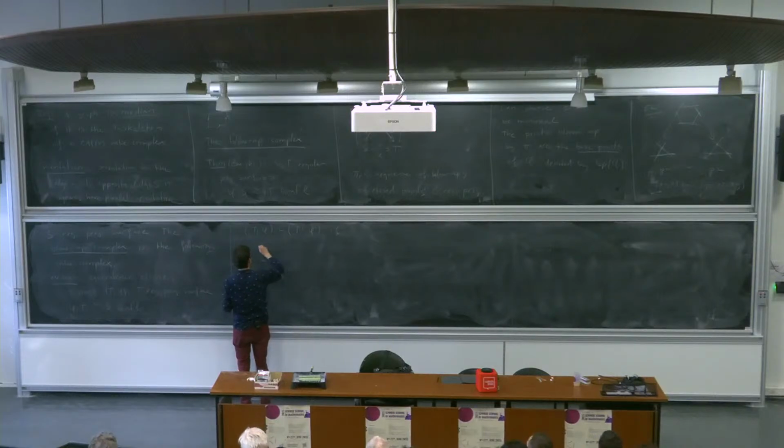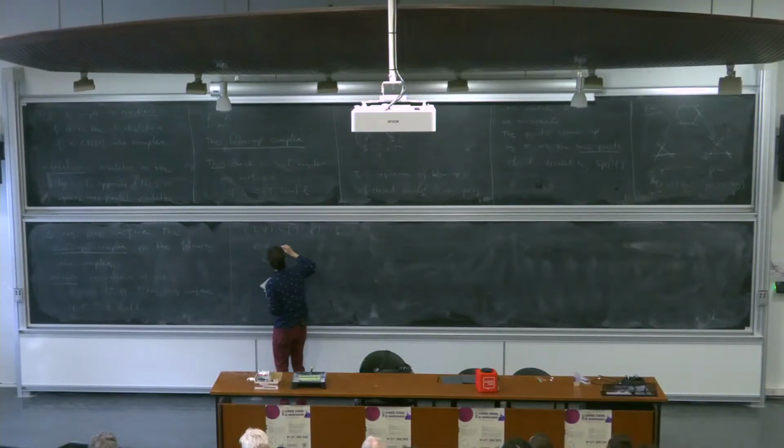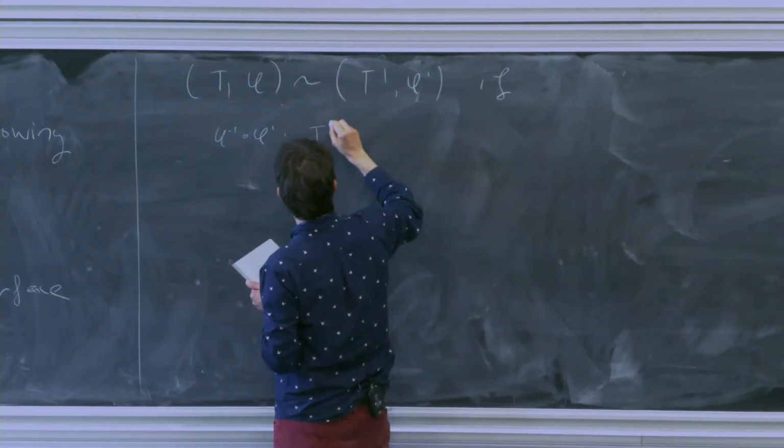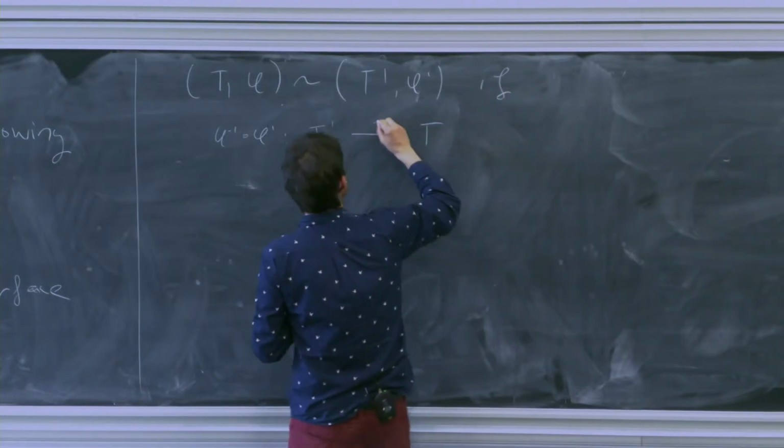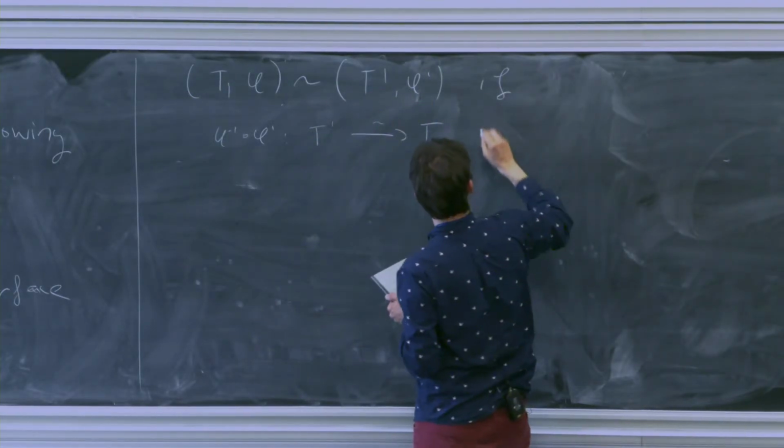If we take phi prime and then phi inverse, this gives us a birational map from T prime to T, and if this is an isomorphism, then we say that these are the same.